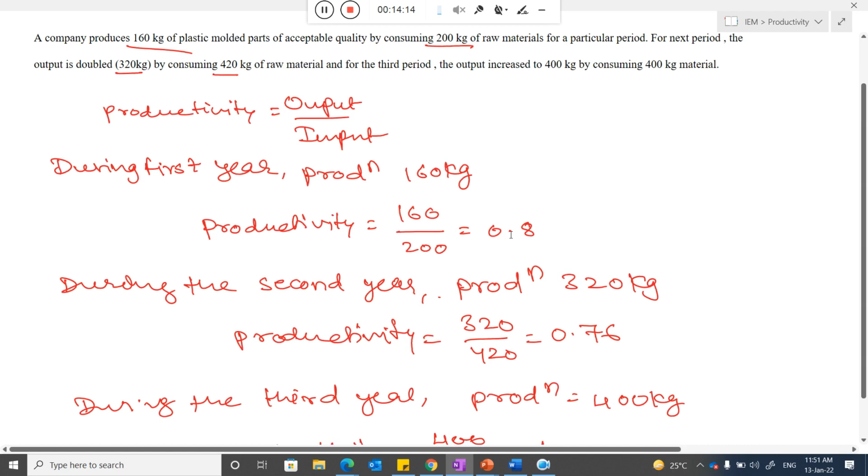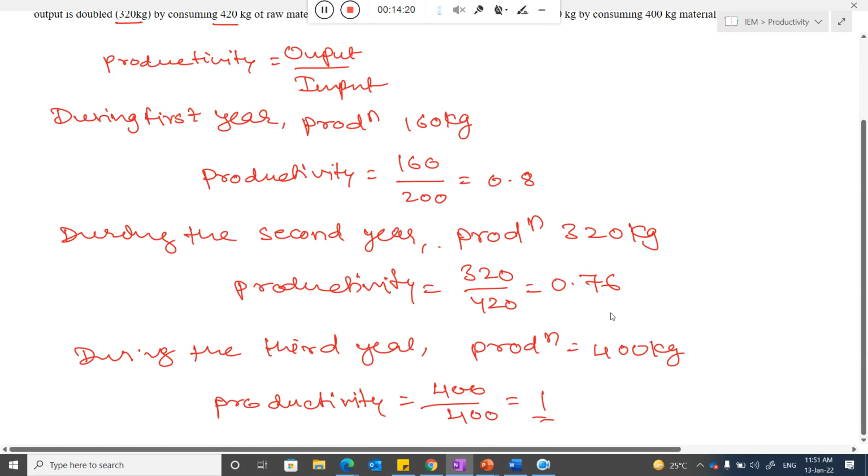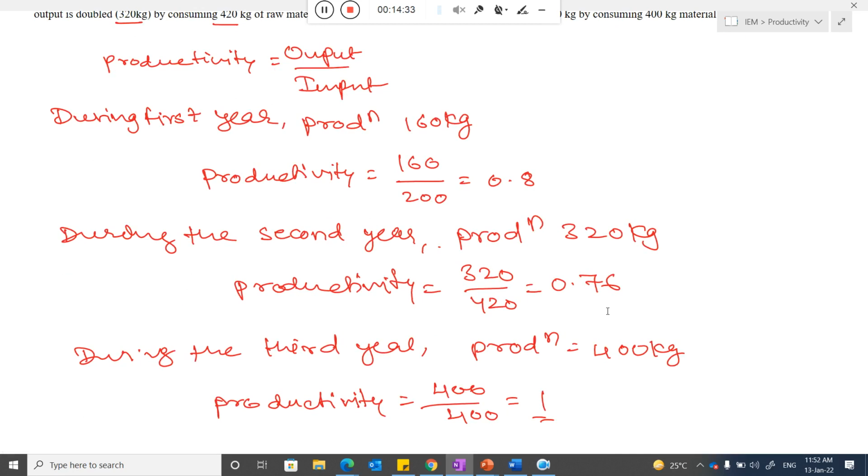So 0.8 is the productivity in the first period, the second period's productivity is 0.76, and in the third year the productivity is 1. Why am I not emphasizing writing it as a percentage? Because if I write a percentage, the last one will show 100%.